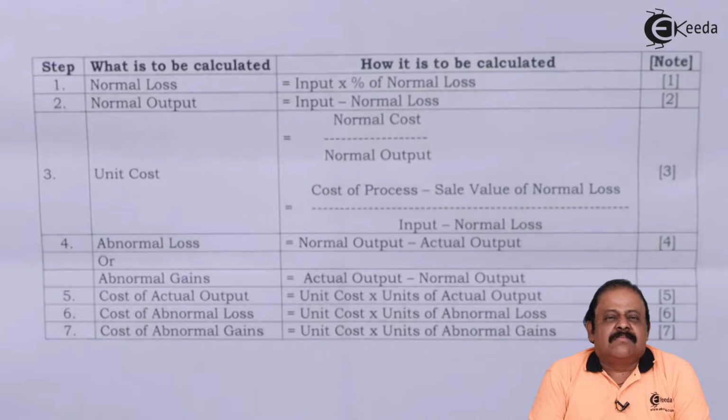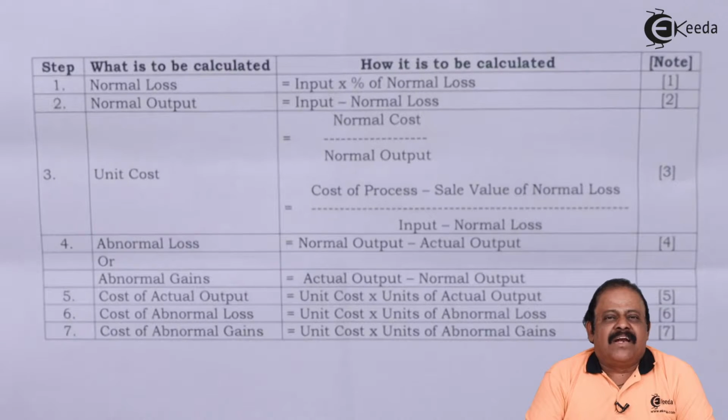Under the process costing method, accounting is done with the help of opening process accounts for various stages. That means if there are three stages of production, for example stage A, stage B and stage C, then we will have three process accounts, that is process A account, process B account and process C account.